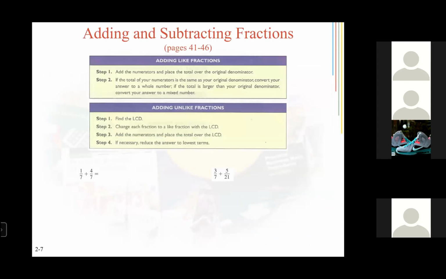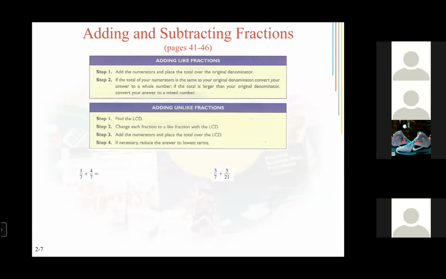So this brings us now to the addition of fractions. And it mentions here like and unlike fractions. What's the difference between the like and unlike fractions? What makes fractions like?